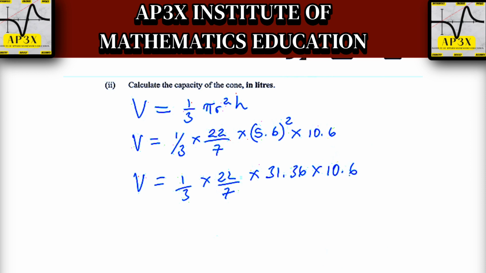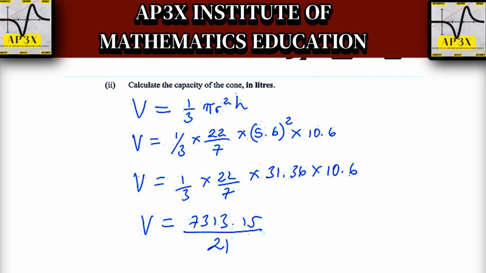Okay, and we can just go on our calculators and punch everything in. So that's 1 multiplied by 22 multiplied by 31.36 multiplied by 10.6, and the top therefore is equal to 7,313.15, all divided by 3 times 7, which is in fact 21.